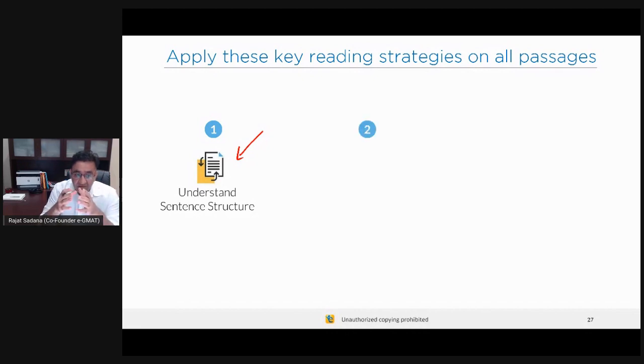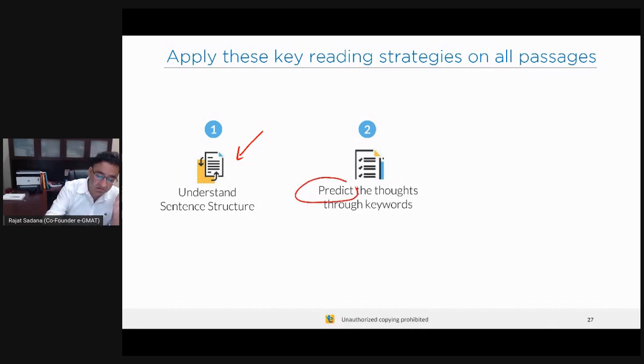Now, once you understand a sentence, you want to make it easier for yourself. The way to do this is to predict what the author is likely to say, and we're going to demonstrate this. The way to predict what the author is likely to say is by looking at keywords.